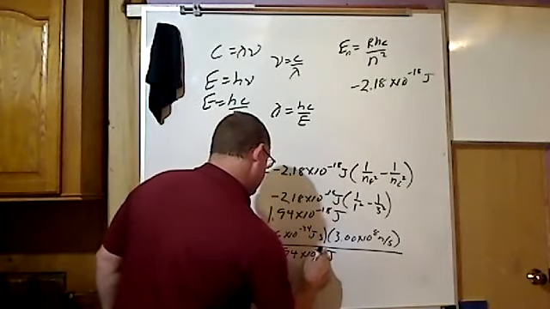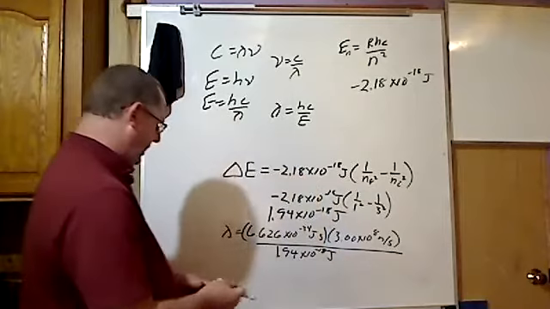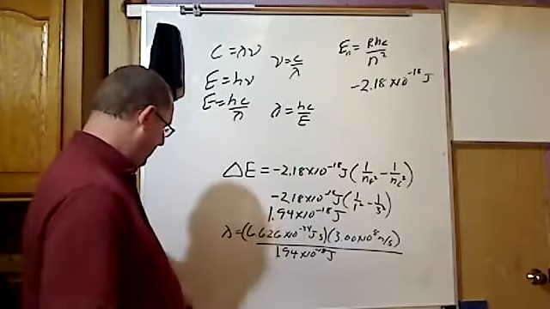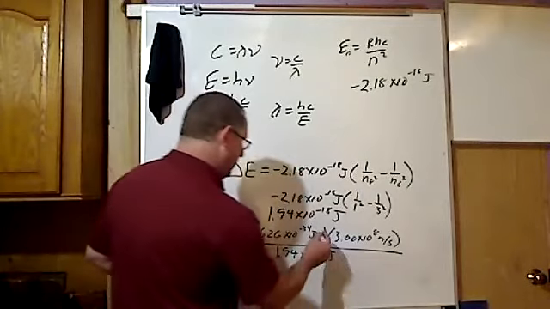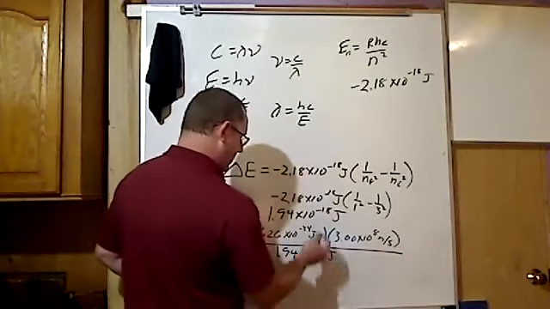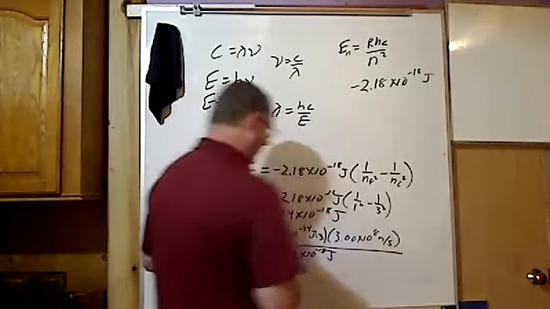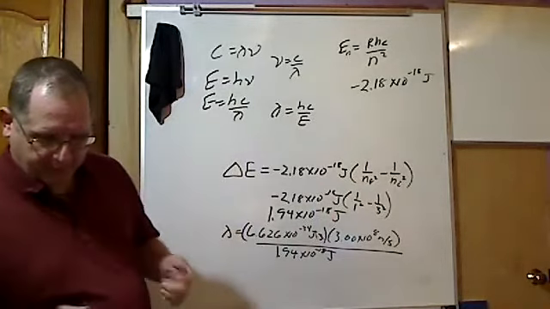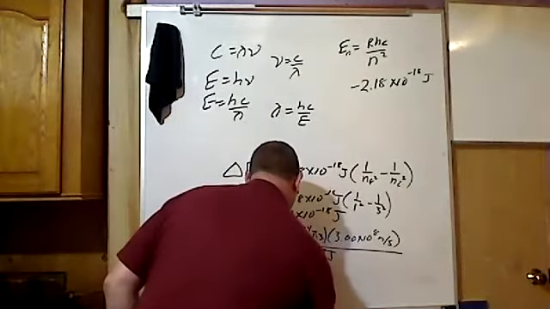This is at 10 to the negative 18. If we did this right, my units for wavelength should come out in meters. Let's see, seconds cancel, joules cancel, leaving me meters. And when I do this calculation, I end up with 1.03 times 10 to the negative 7th meters.